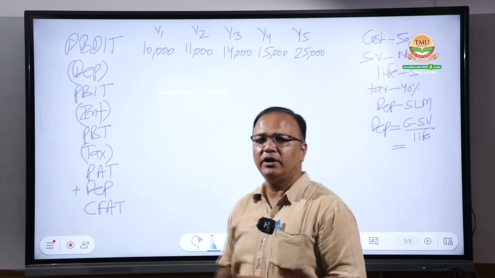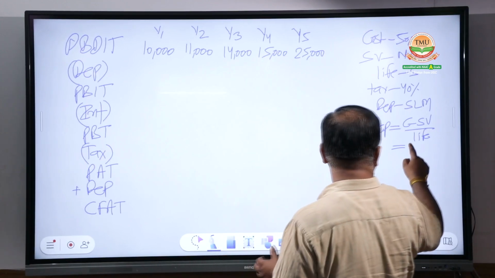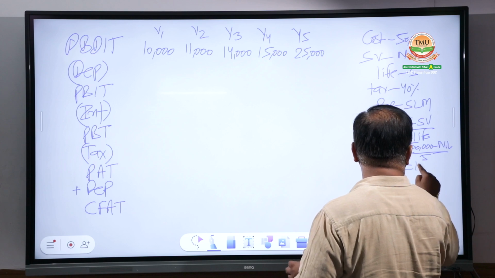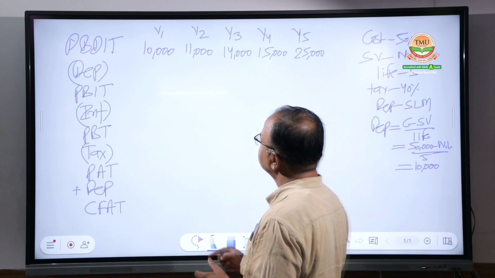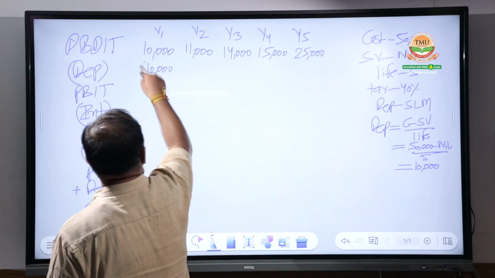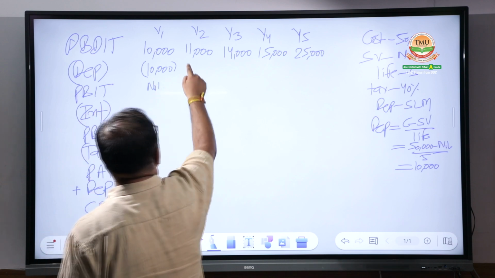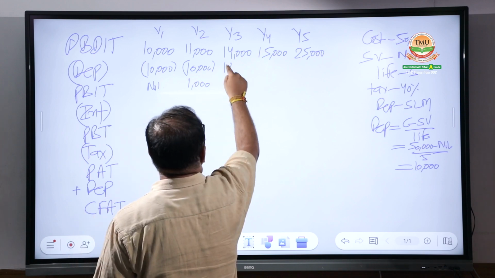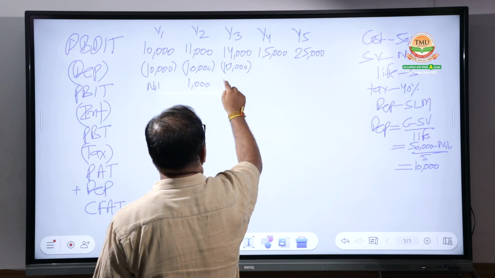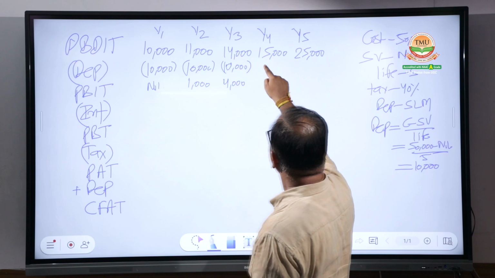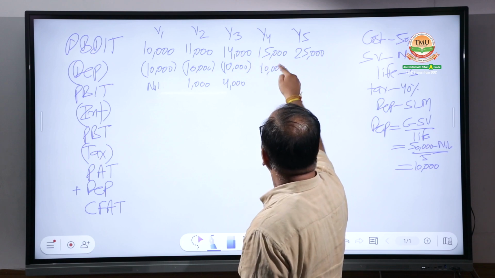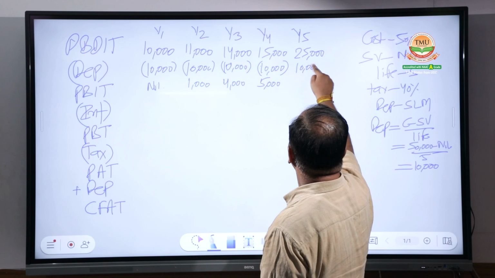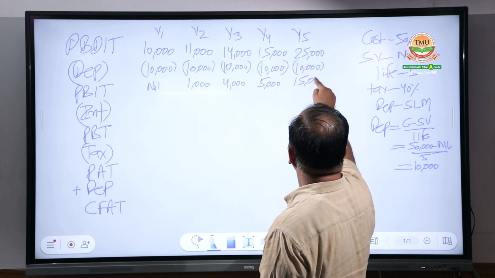It will be 50,000 minus nil divided by 5, which is 10,000. Deducting 10,000 from each year's PBDIT, PBIT is 10,000, 1,000, 4,000, 5,000 and 15,000.